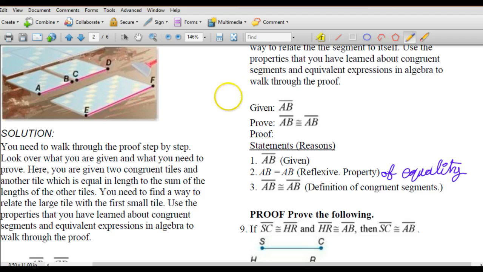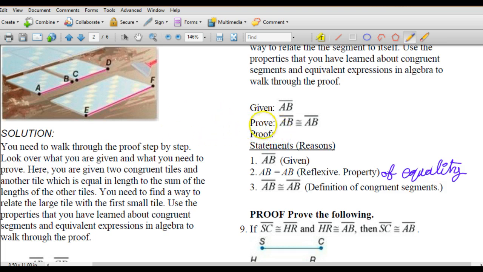So the reflexive property of equality states that something will be equal to itself. So the length of AB will be equal to the length of AB, which is different from what we're trying to prove, which is that the segments are congruent. But now we can state that based off of this step by the definition of congruent segments.